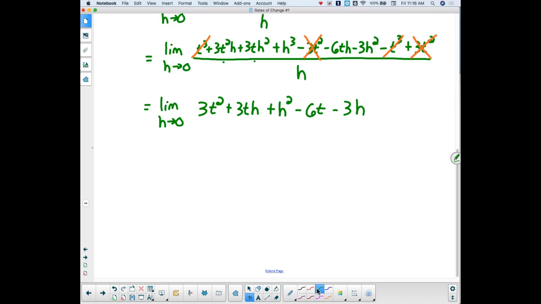When I send h to 0, one, I get the first derivative function, and two, any term with an h left in it goes away. So that one goes away, that one goes away, and that one goes away, leaving me just with 3t squared minus 6t as my function.